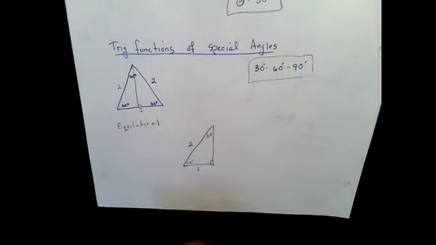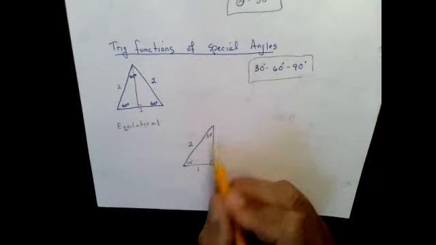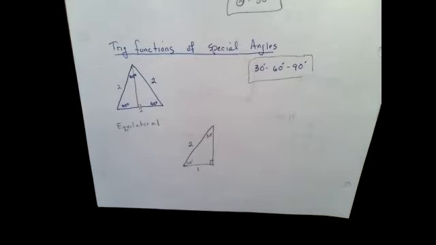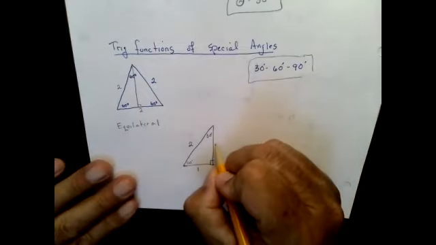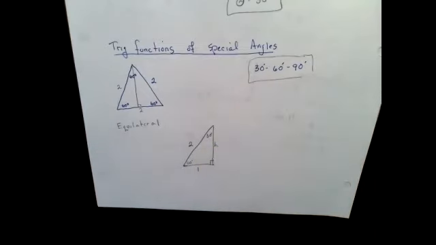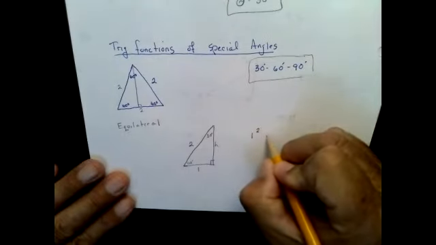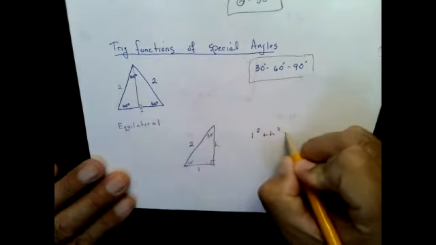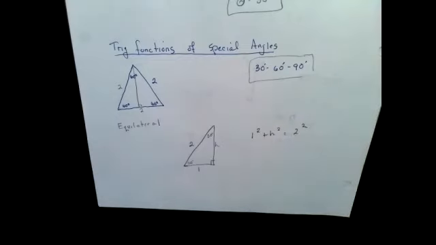And now that leaves me with, what is this side's length? Opposite to 60. Well, let's see. I don't know. It's unknown. I'm going to pick H as a letter to represent it. And wait a minute, I know this. 1 squared plus H squared equals 2 squared.